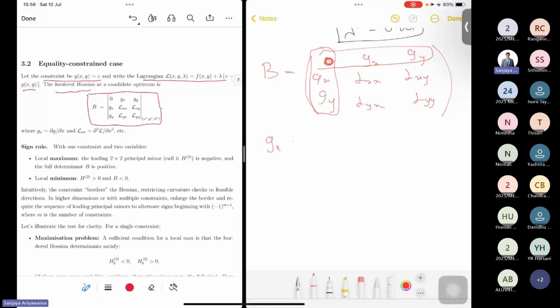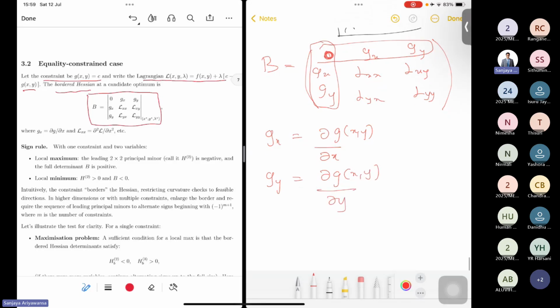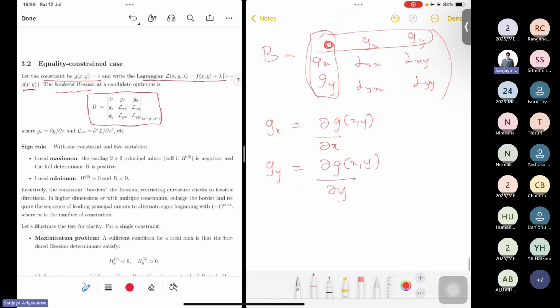What is gx? Gx is simply partially differentiating your constraint function with respect to x. What is gy? It is simply partially differentiating your constraint function with respect to y. Then what is L of xx? L of xx is partially differentiating your Lagrangian function twice with respect to x.